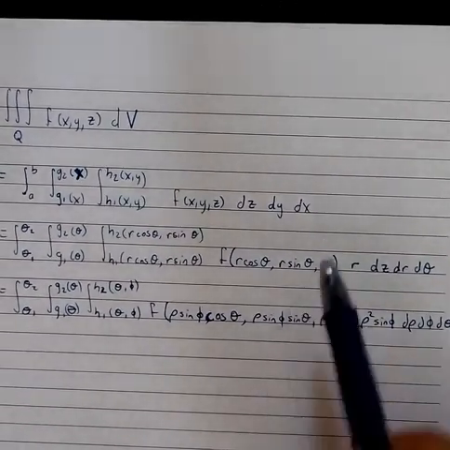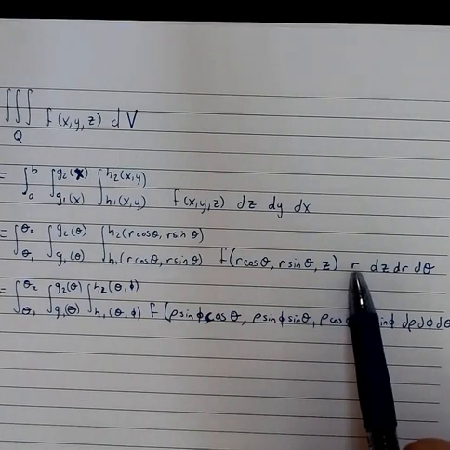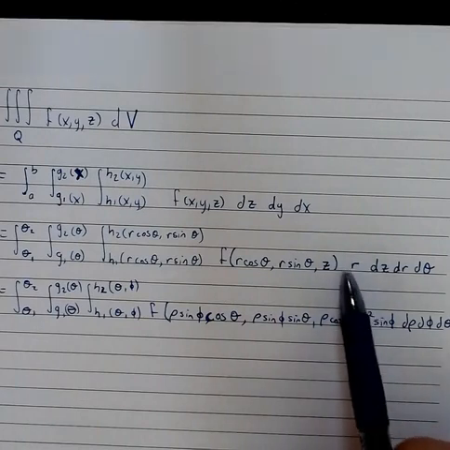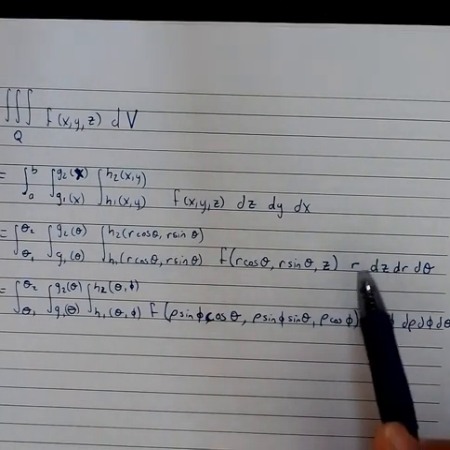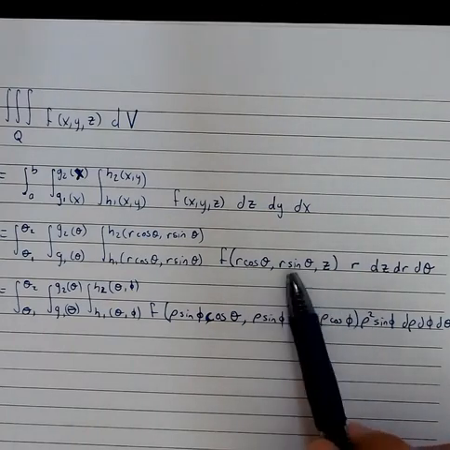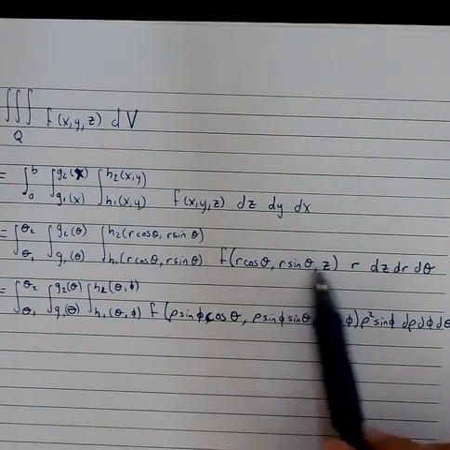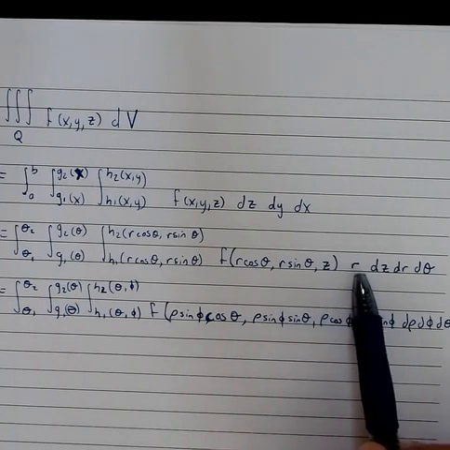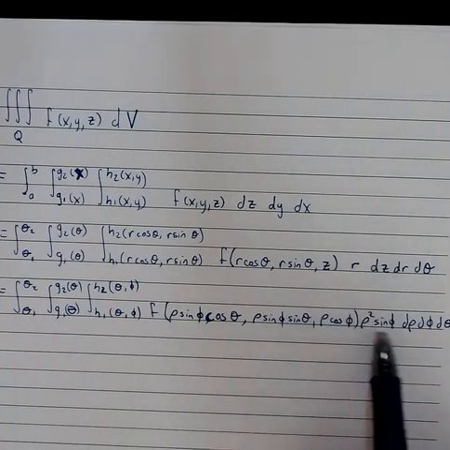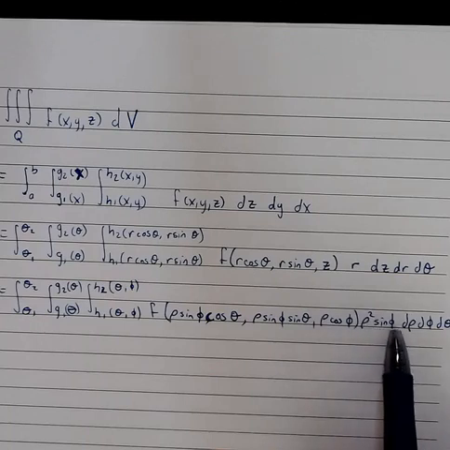First of all, it reminds us that whenever you're changing into polar, there's this extra factor of r. Same thing for changing to cylindrical, since cylindrical is simply polar with an extra dimension. When you're changing to spherical, there's going to be this extra factor of rho squared sine of phi. Okay, so here we're just going to take this as granted.